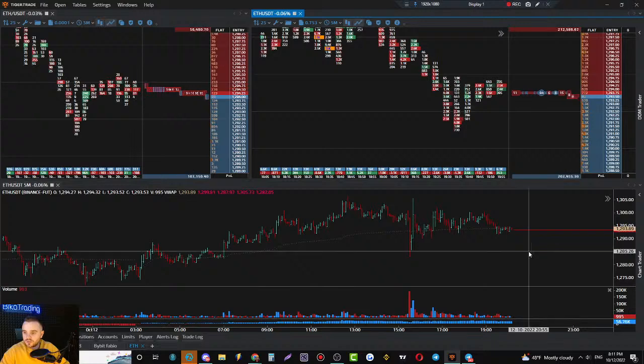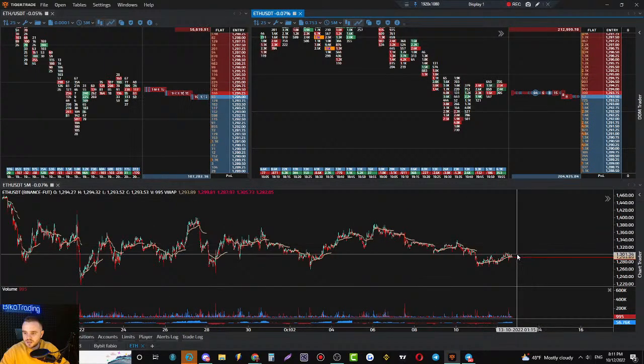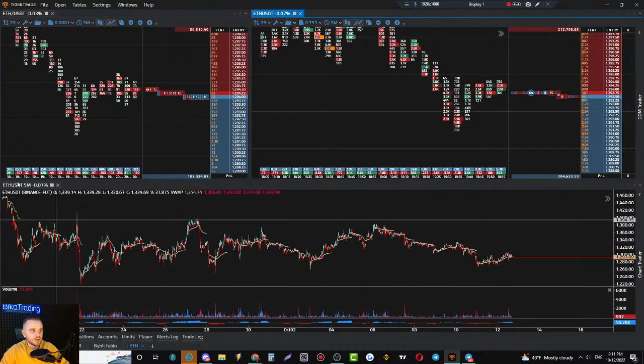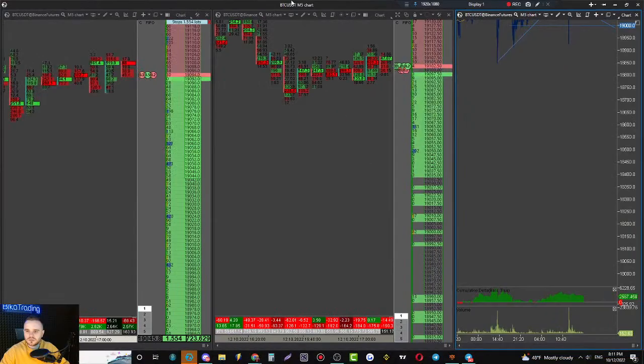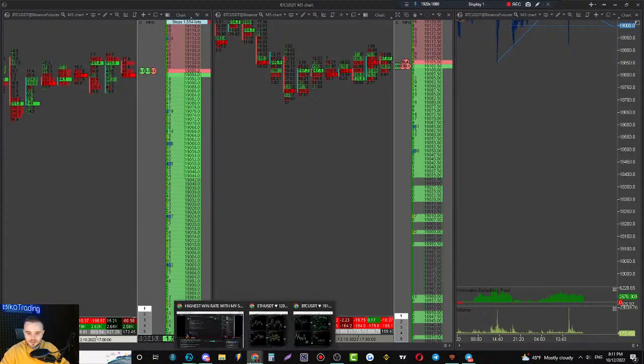A nice short will happen especially after some stop loss hunt. Personally, to take a short, I need some stop loss hunt. If a stop loss hunt happens on Ethereum, I immediately take a short really happily.